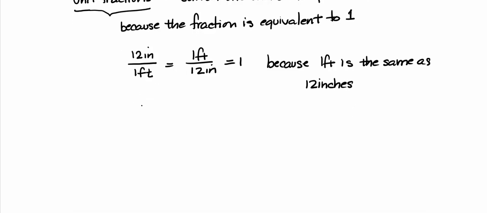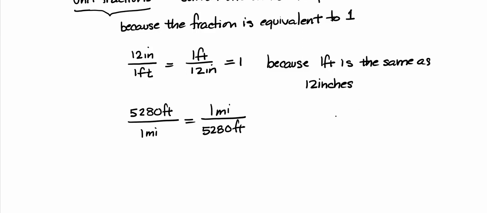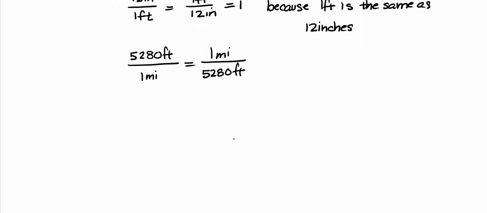We could also say, 5,280 feet over 1 mile is the same as 1 mile over 5,280 feet. For the same reason, because they're the same distances. Okay, so if we're trying to convert within the US system of length, we talk about conversion factors. And these unit fractions are the conversion factors.